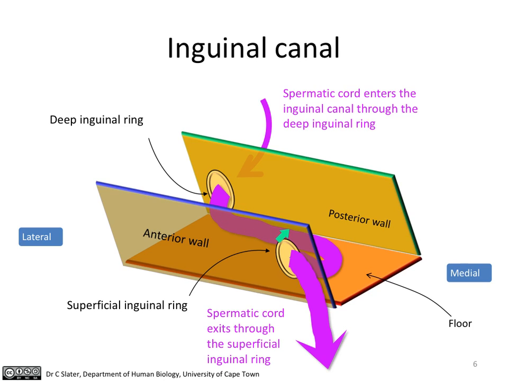It'll run along inside the inguinal canal and then come out through the superficial inguinal ring, the defect in the anterior wall of the canal. Here the spermatic cord will then go through and go down into the scrotum to supply the testes. In the female, the round ligament of the uterus will follow a similar course.